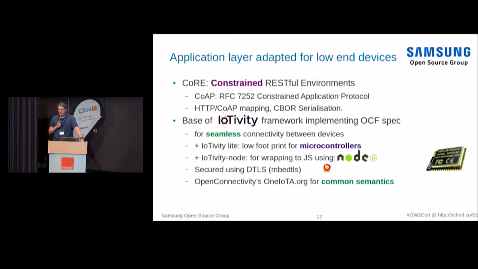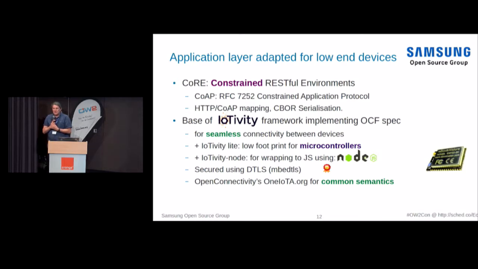The problem is that you cannot embed HTTPS on a very small controller. To solve this, the Internet Engineering Task Force tried to adapt HTTP and REST using more constrained protocols. Basically, they are doing the same on UDP. Instead of serializing JSON streams, they are using binary, which is more concise.